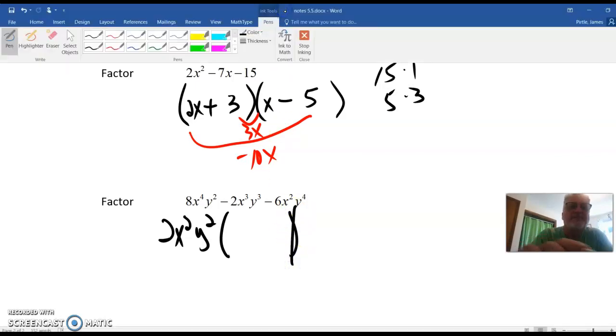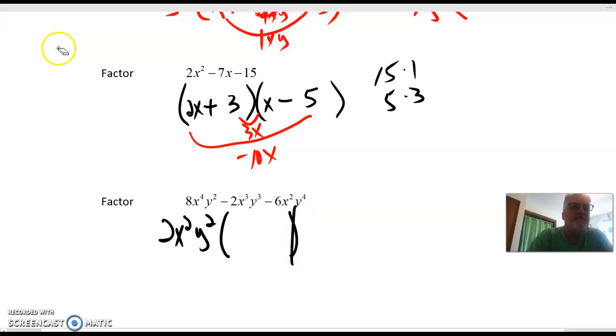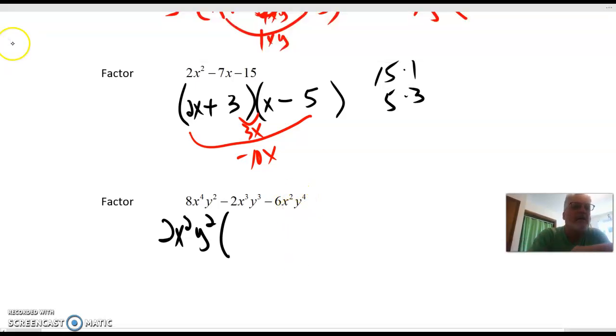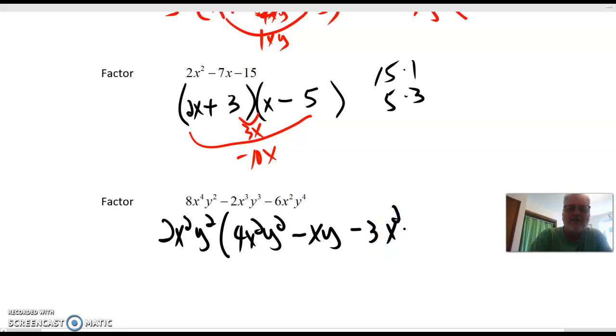That's going to give me 4x squared y squared minus xy minus 3x squared. No, it's not. I'll start this one at the beginning of next time, guys. I'm going to run out of time.